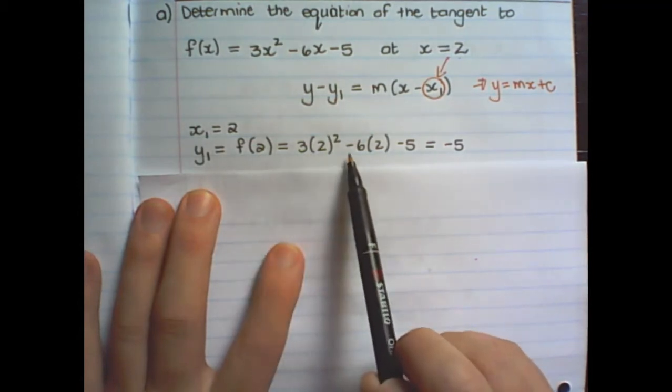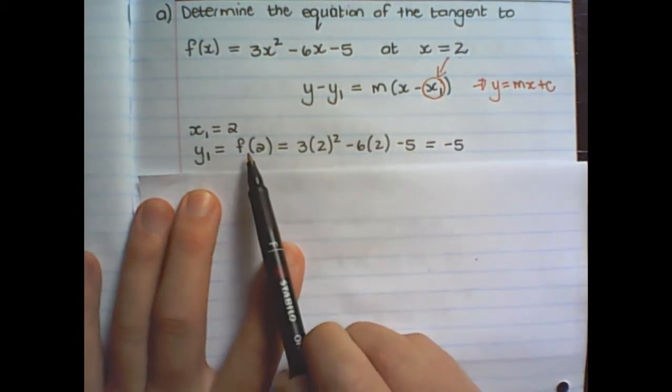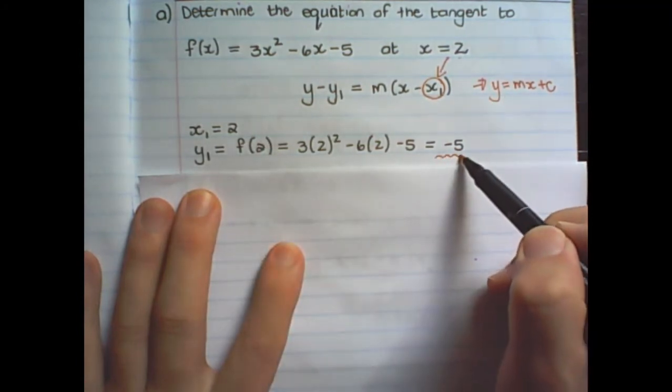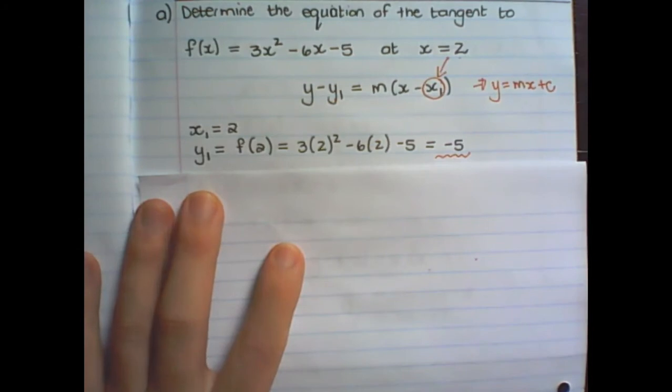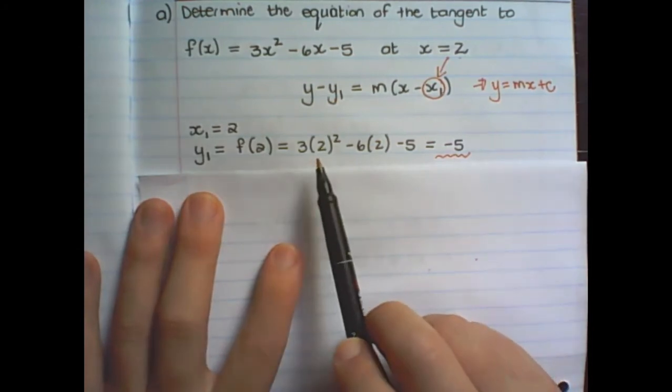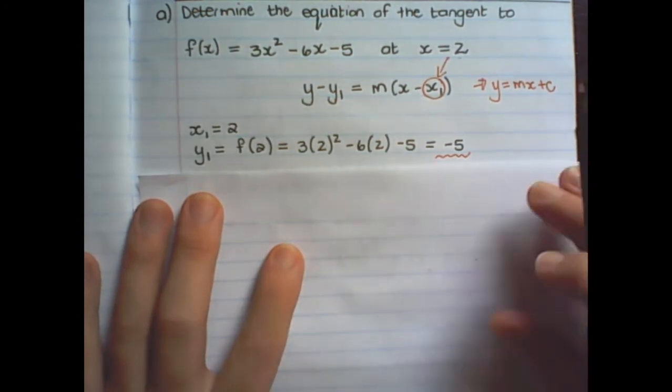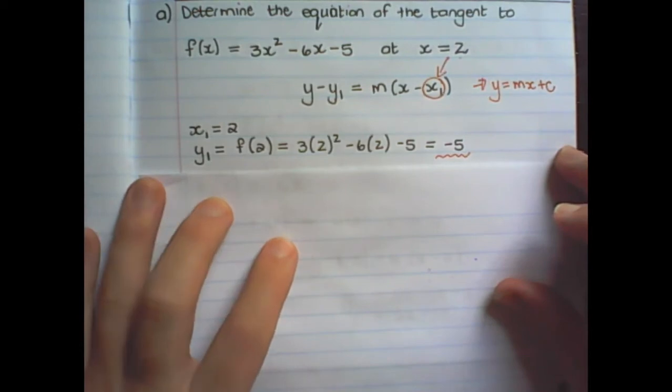You don't have to show the substitution. You can simply write f(2) equals negative 5. Most students can do this mentally, or they use a calculator to simplify the calculation and also to save time.